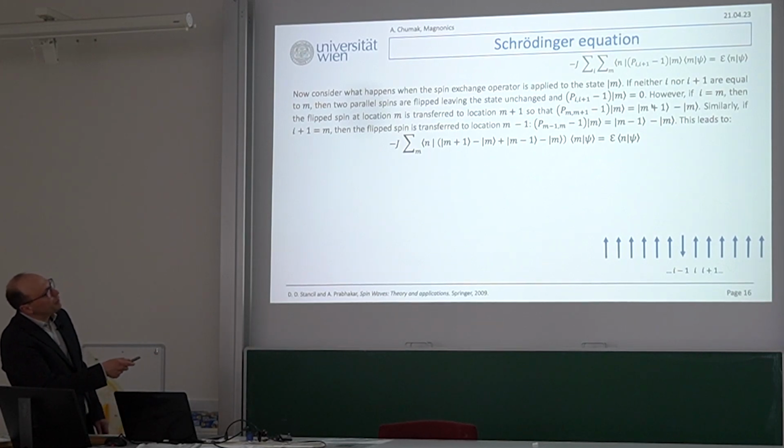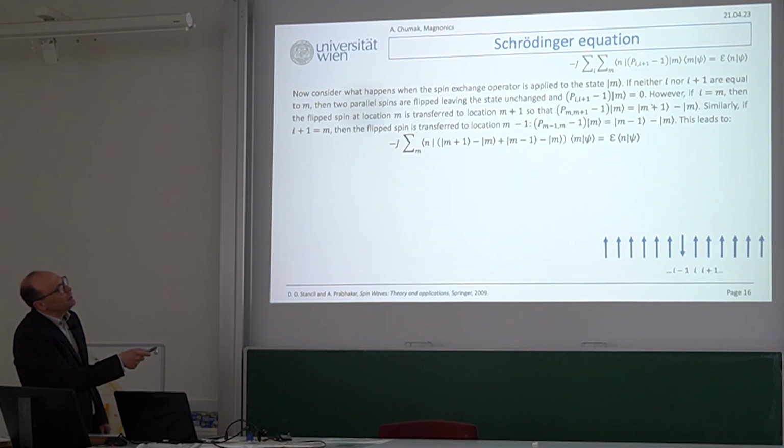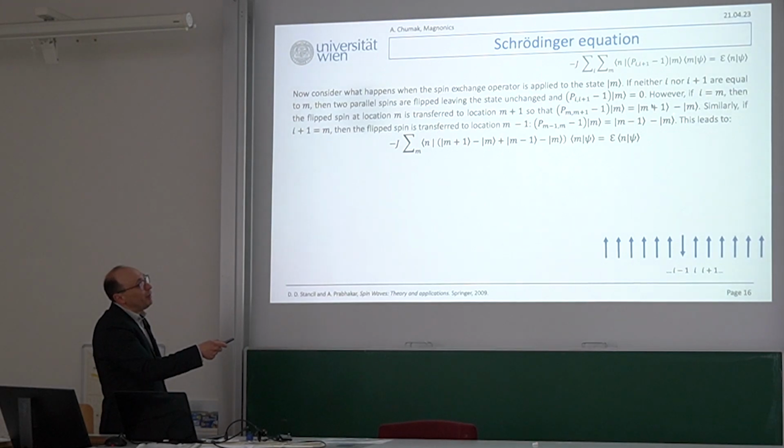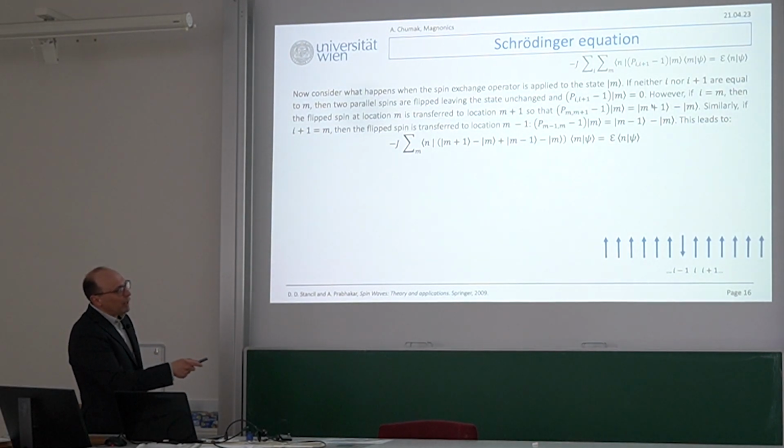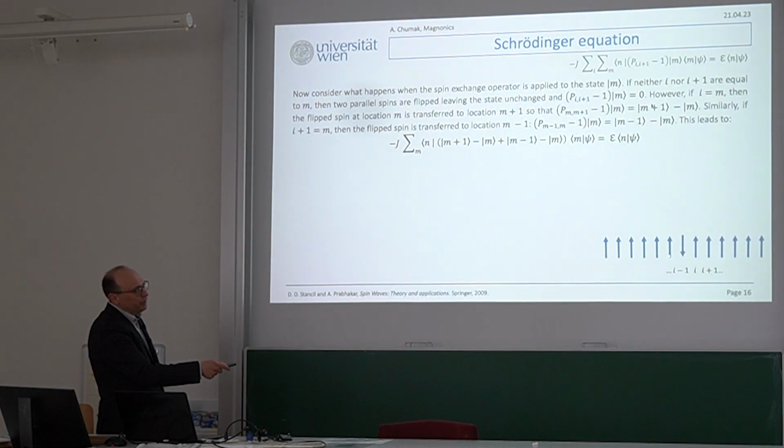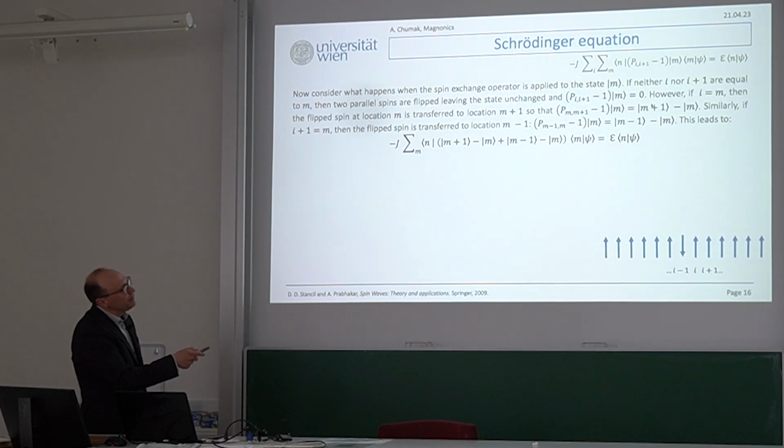We need to take into account these two. So then this part will be the state m plus 1 minus the state m. And the same happens if you exchange this to spin up and spin down, but in this case you need to take into account m minus 1 minus m.